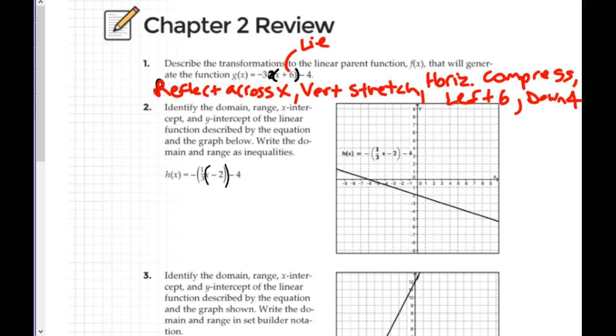So identify the domain, range, x-intercept, y-intercept of the linear function described by the equation. Now, this is linear because there's no exponent. So the domain and the range are negative infinity to positive infinity, always for linear.